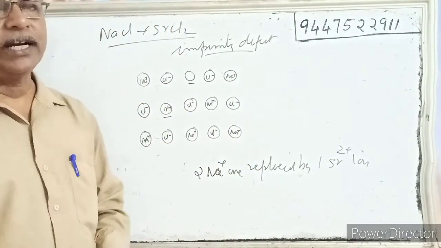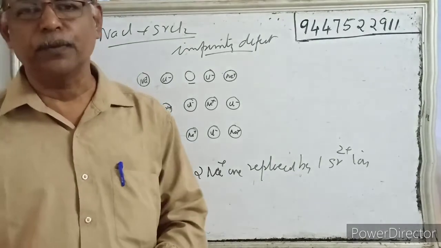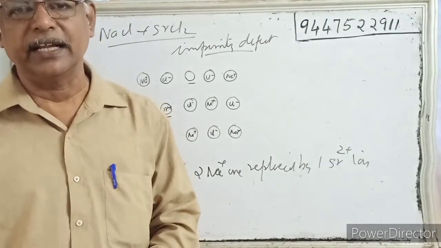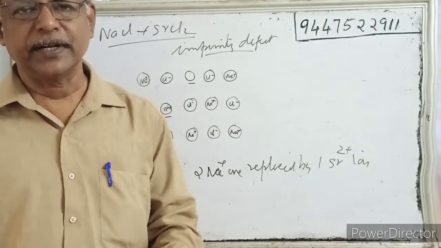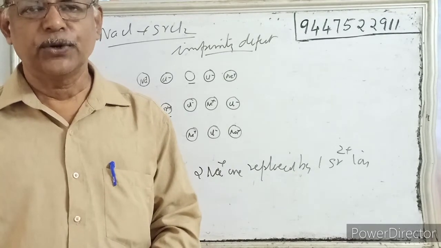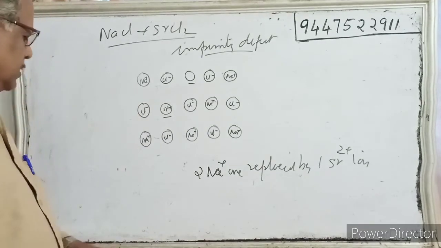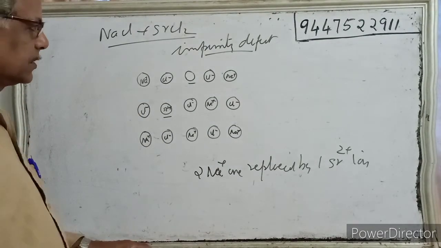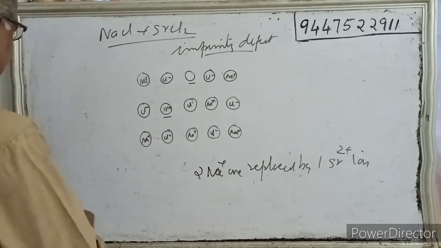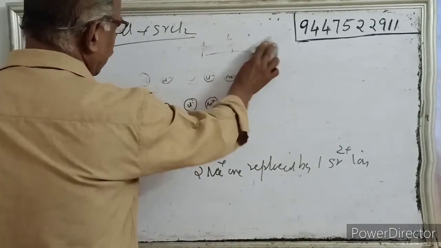The non-stoichiometric point defect is classified into metal excess defect and metal deficiency defect. The metal excess defect is again due to anion vacancy and due to interstitial cations. So that is about the defects in solid state.